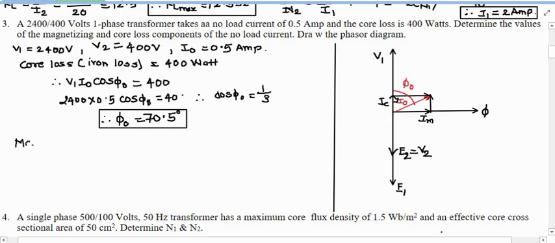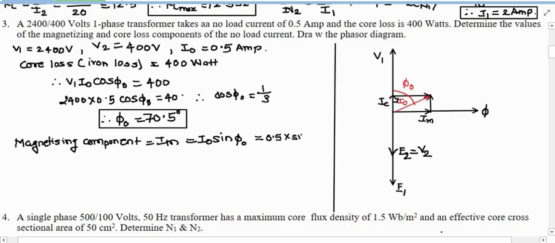So the magnetizing component Im equals I naught sine of phi 0, which is 0.5 into sine of 70.5. So this you will get as 0.471 amperes.